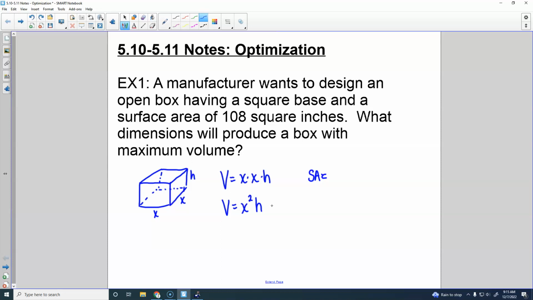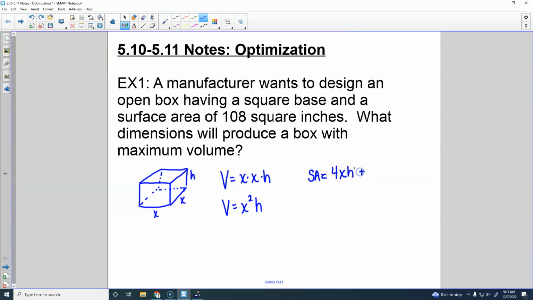So you're just adding the area of all the sides together, right? So what would the area of one of these, like this front side, be? x times h. What about the side over here? Also x times h. The back is x times h. The left side here is x times h, right? So all 4 of the sides are going to be x times h. So we're going to have 4 x times h.